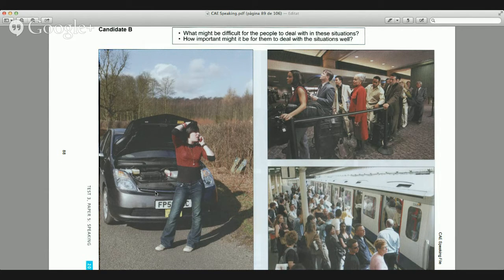In the second picture, the situation is very difficult because the people could be very anxious because they have to take a train, and for them it is very important to keep calm, not discuss with anybody.